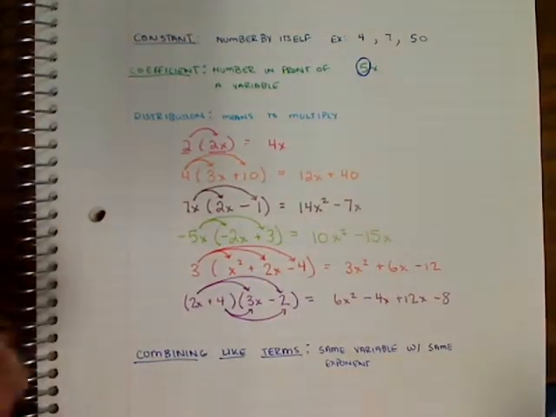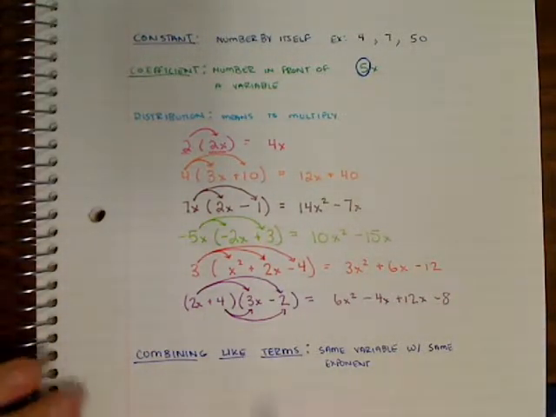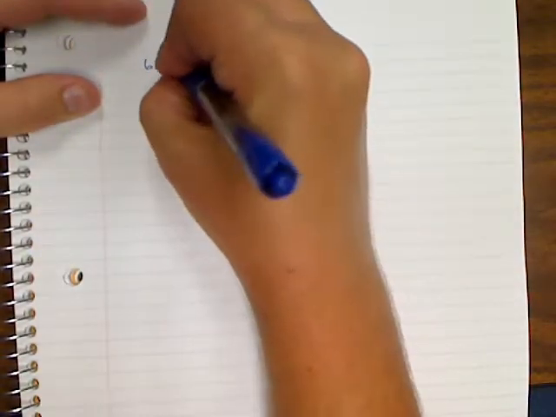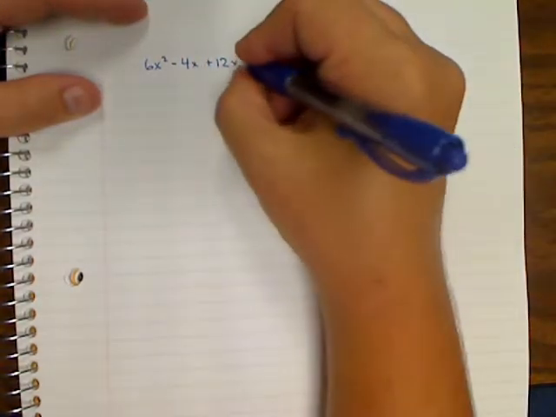Now, combining doesn't always mean that it's going to be positive, right? And I'll show some examples here in a second. So let's say we had just solved that problem, right? And I had, I think it was 6x squared minus 4x plus 12x. I think it was plus 8.